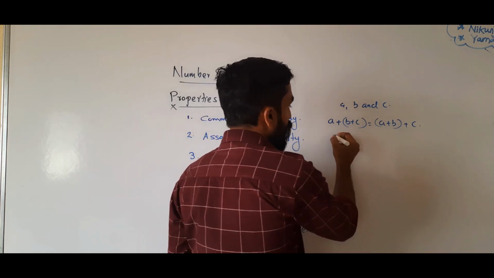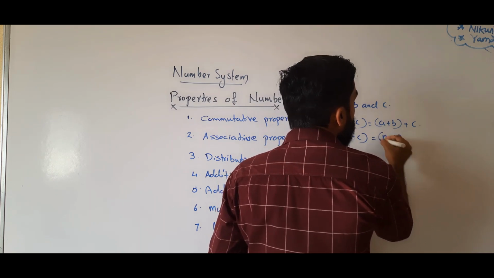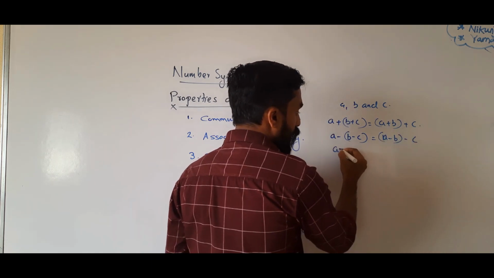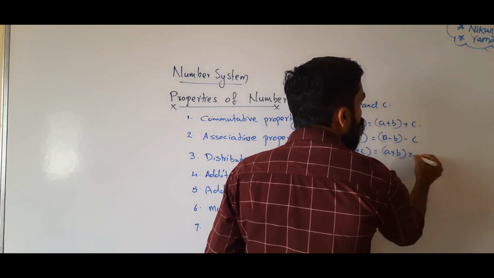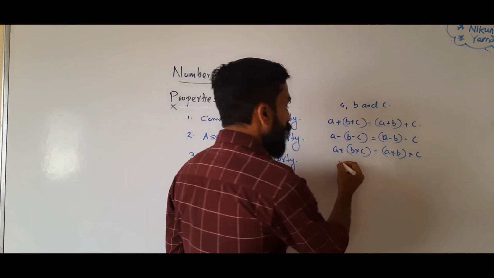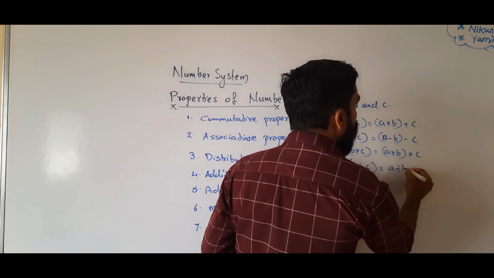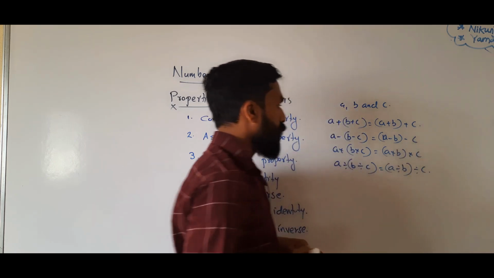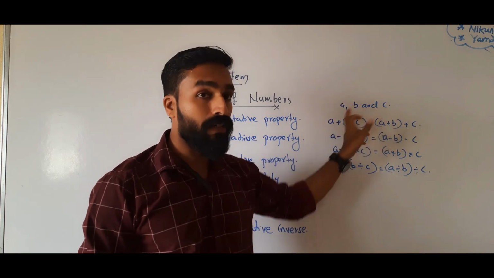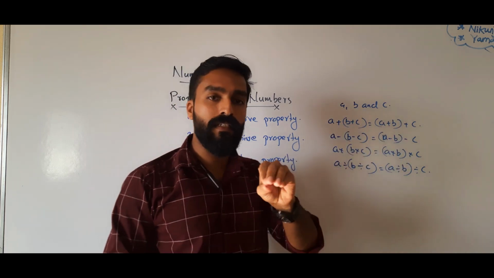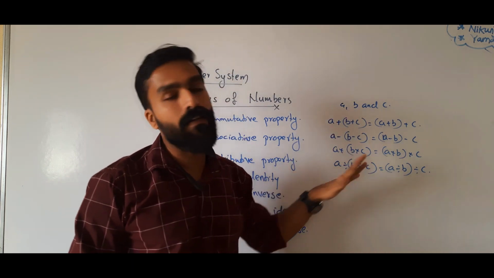Next, in the case of subtraction, A minus B minus C is equal to A minus B minus C, with the brackets moved. Multiplication: A into B into C is equal to A into B into C. Similarly, division: A divided by B divided by C is equal to A divided by B divided by C. If we consider particular numbers and both sides are equal after calculation, we can say the associative property is satisfied in addition, subtraction, multiplication and division.